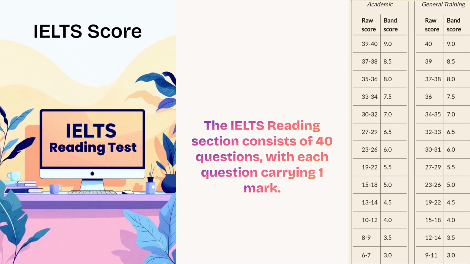And as you can see on the screen, each number of correct answers has its own unique score. For example, if you answer between 30 and 32 questions correctly in the academic exam, you will get a score of 7. But if you answer the same number of questions correctly in the general training exam, you will get a score of 6 to 6.5.